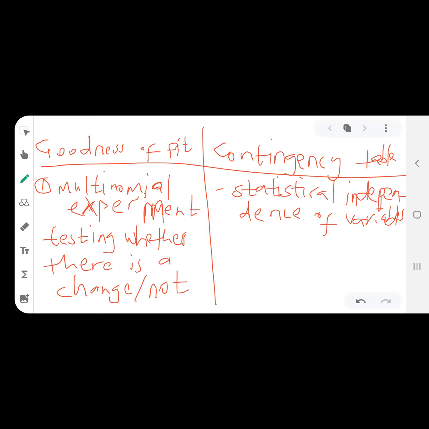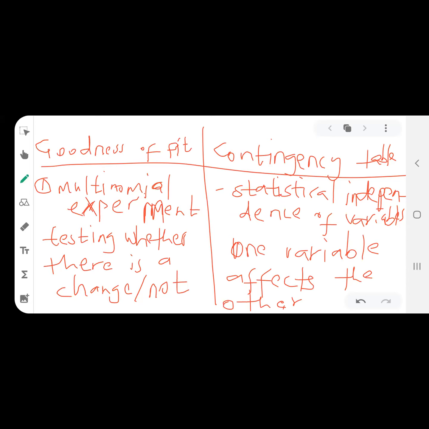To make this more clear, under the contingency table, we want to check if one variable affects the other. That's another thing you have to know when they say we are testing for statistical independence of variables. Are we together?